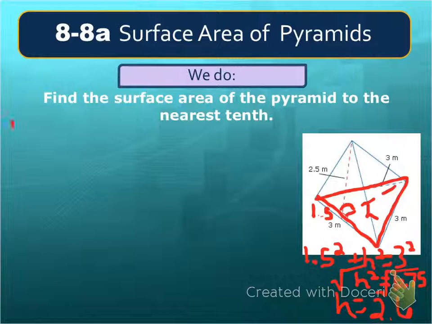Now to find the area of the base, we have everything we need now. Remember, because it's a triangle, it's 1/2 the base, which is 3, times the height, which we just found to be 2.6. If you multiply that out, you are going to get 3.9.